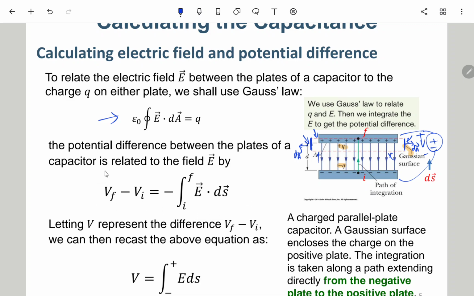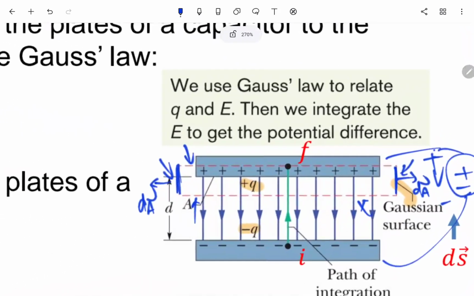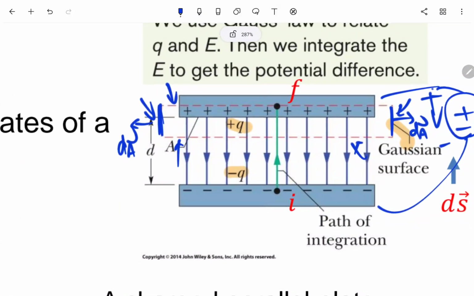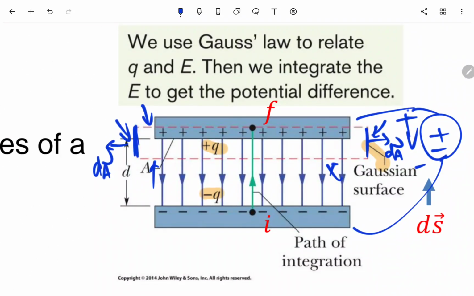Okay, so this is the very first equation. Then we use the definition of the potential from chapter 24: Vf minus Vi equals the negative of the integral of E dot ds from i to f. So how do we define the i to f path? This is the i, this is the f, and it is pointing upward.